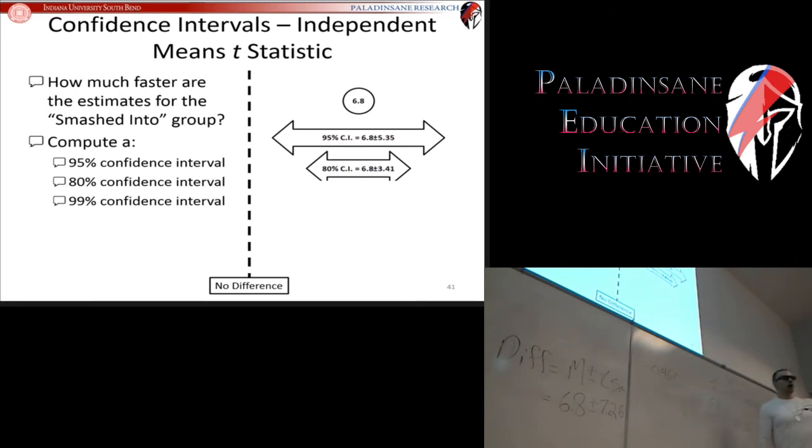So then they would ask you, are you 99% sure that this witness overestimated her testimony? At that point, you would say no, because that is your 99% confidence interval. So I did get the math right. That's your 99% confidence interval, 6.8 plus or minus 7.26.